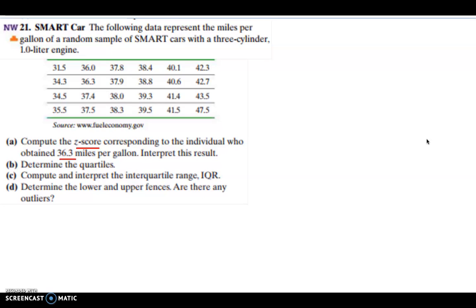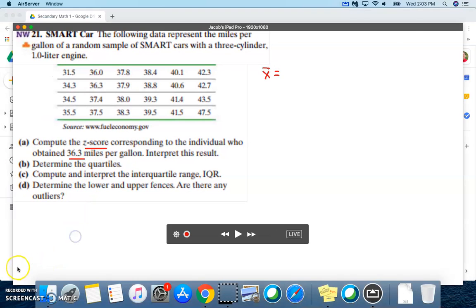To do this, we're going to need the sample mean, which will help us determine a z-score. We're also going to find the quartiles, the interquartile range, the upper and lower fences, and identify any outliers. So I'm going to pause the video and jump into StatCrunch, pull in all this information, and we'll go through it there.